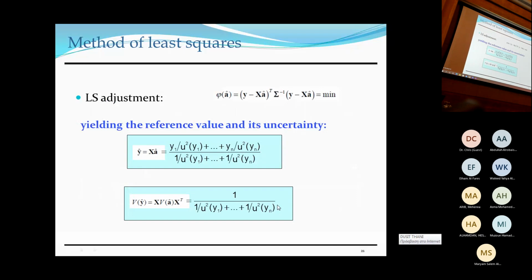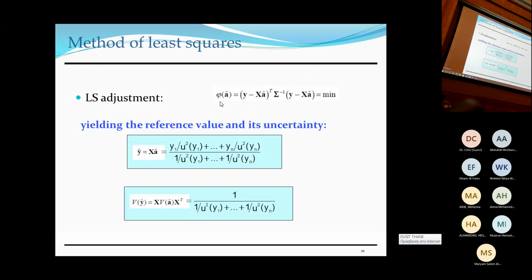So if someone does a least squares adjustment to find the best value of the parameters, so as to minimize the square of the differences between the measured value and the model value, which is the least squares adjustment criterion, okay?